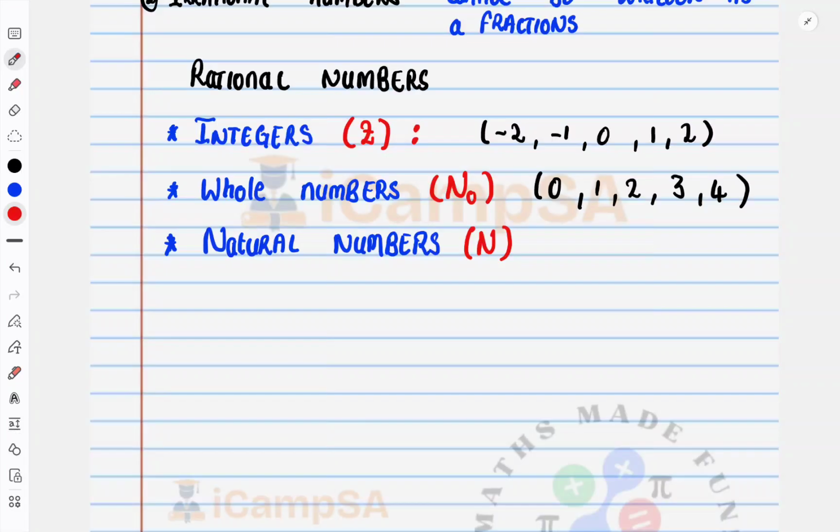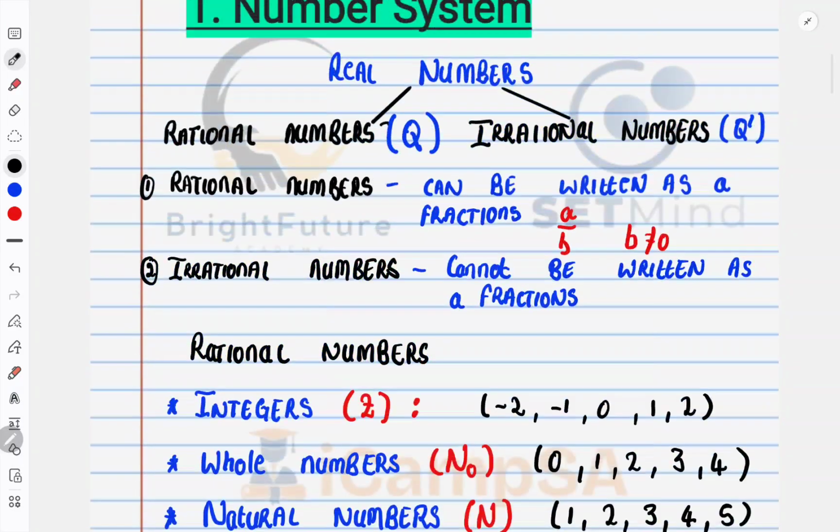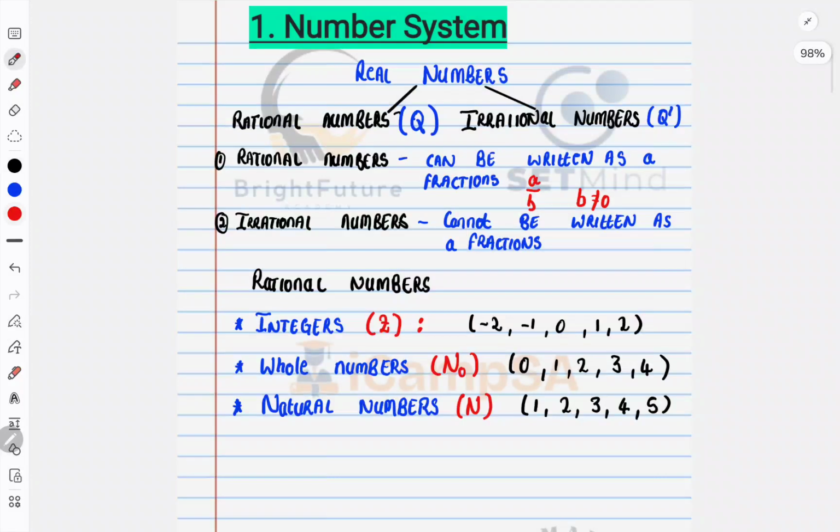Let's say you wanted to count a number of cows. You will start from 1, 2, 3, 4, 5, 6, and going forward. You can't say 0 cell phones, 1 cell phones. You always start from 1 going further. So natural numbers don't include 0. These are simply the numbers that we use to count things. Those are your natural numbers. So that is it with the number system.